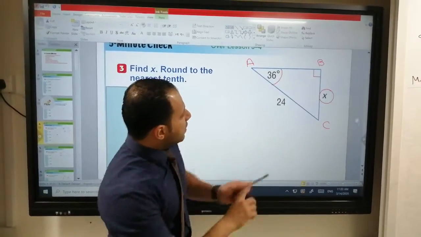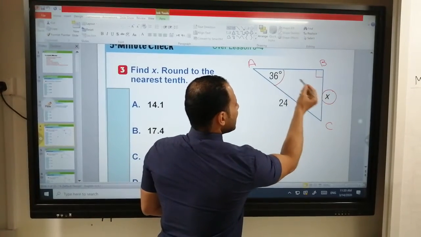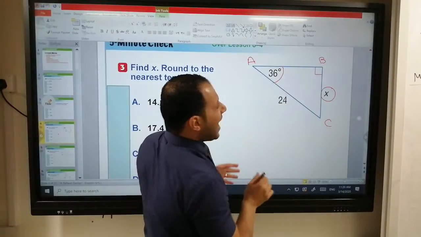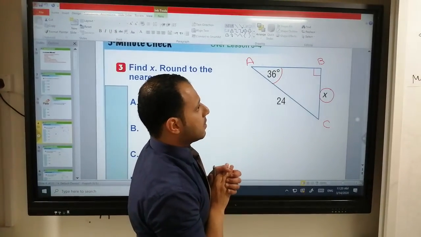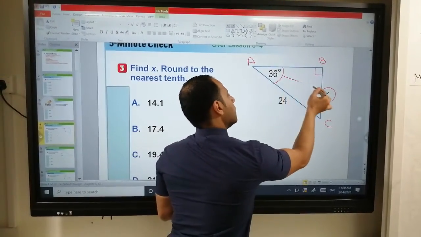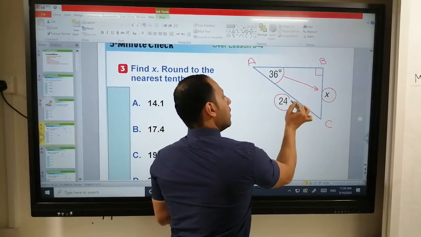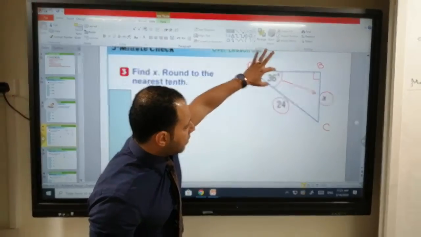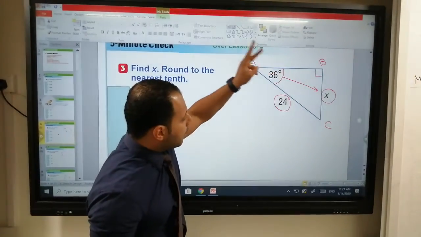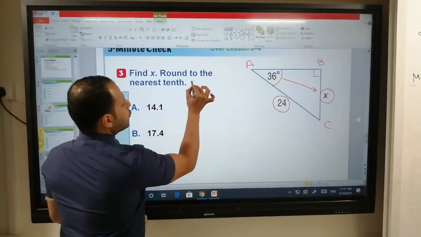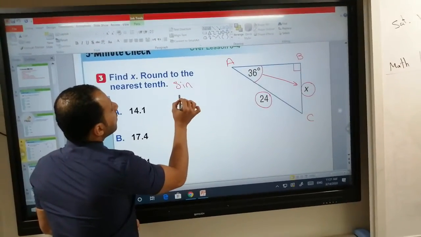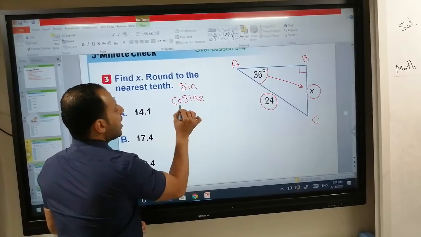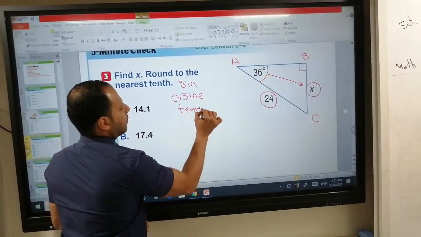So if I need x, x is the opposite of the angle 36 or the adjacent of the angle 36? It's the opposite. And you have here the hypotenuse again. The given angle is 36. I must use one of the three trig ratios, which is sine, cosine, or tangent.